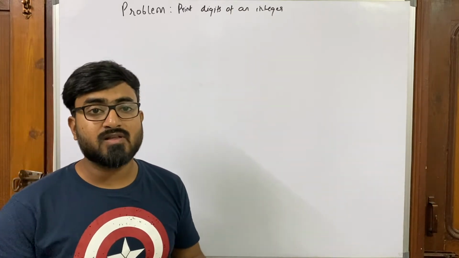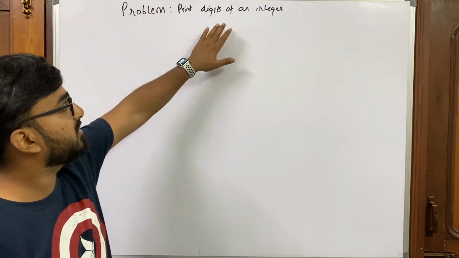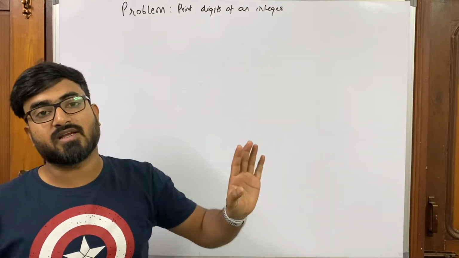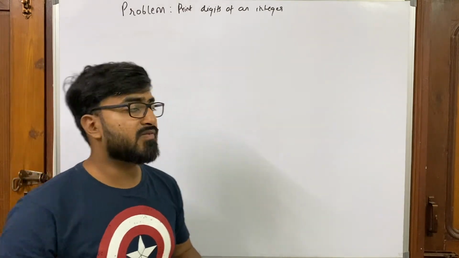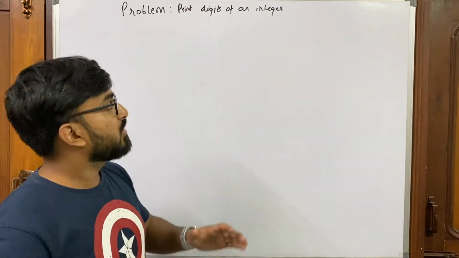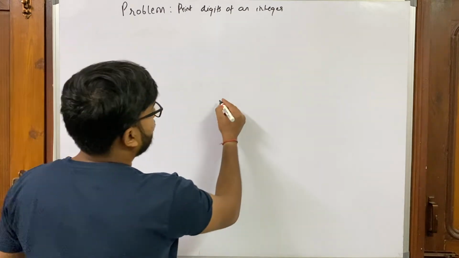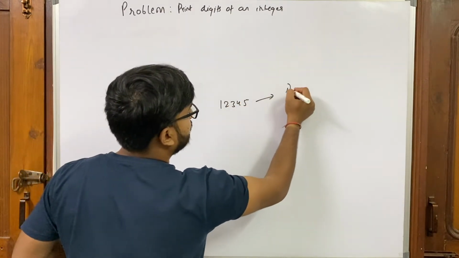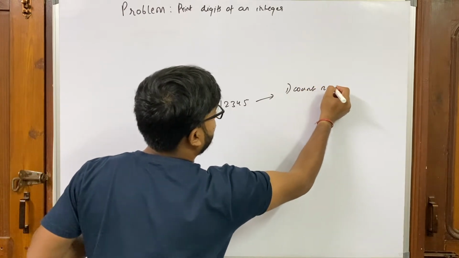So there are two ways we can solve this. The first is basically convert this integer into a string, iterate the string and print each character of the string. So we look at another method where we don't use strings, right? Okay. So our idea is basically, suppose we have 1, 2, 3, 4, 5. Okay. This has 5 digits. So I basically first count number of digits.